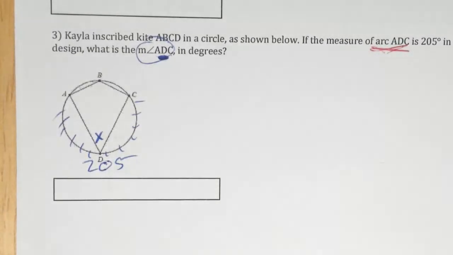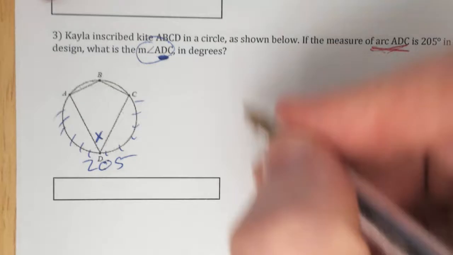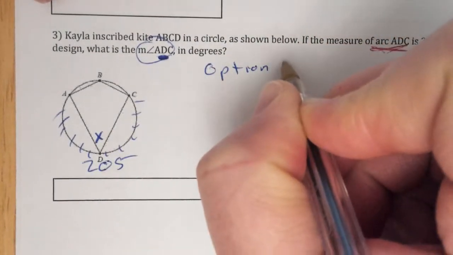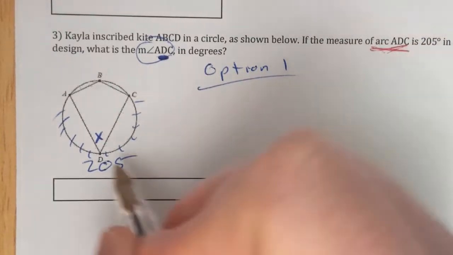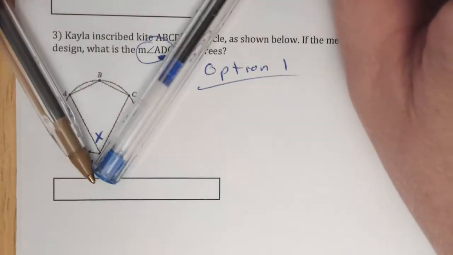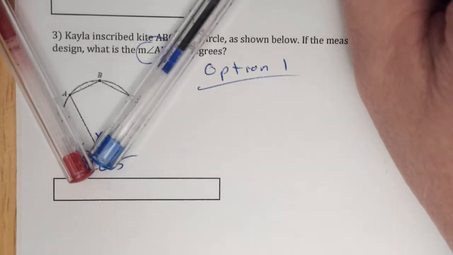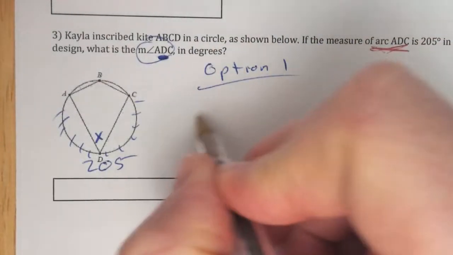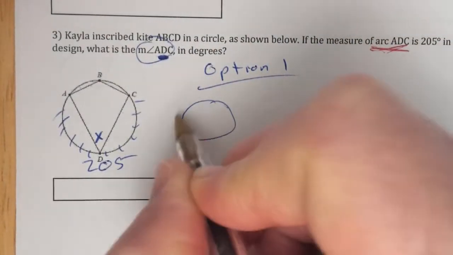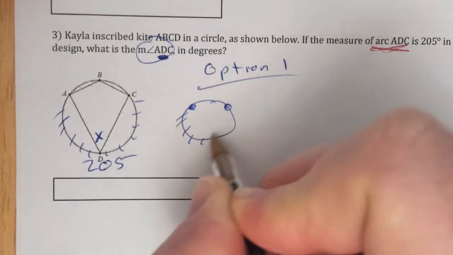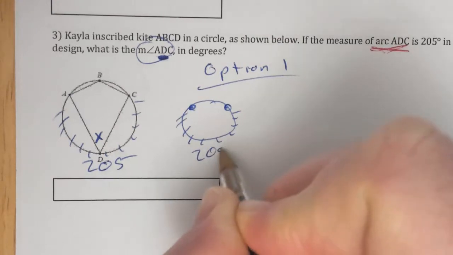Okay, so there's a couple of different ways how to do this. So here is way number 1, option 1. The first thing is X projects all of this, right? So if I can find this arc, then I would be able to bring it back on the inside. So one way is I know from here to here is 205, right?